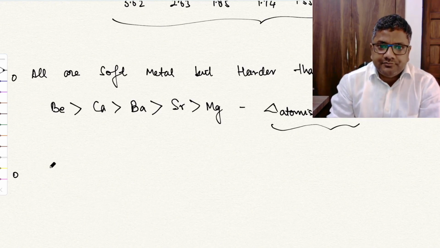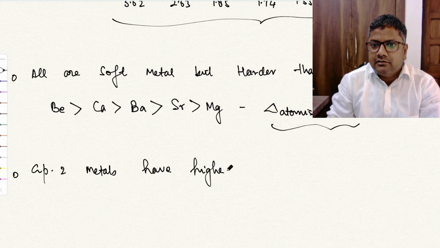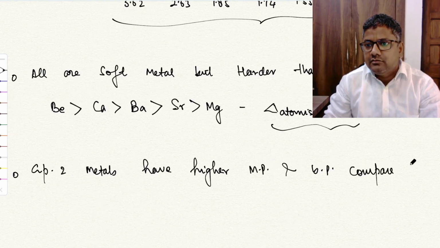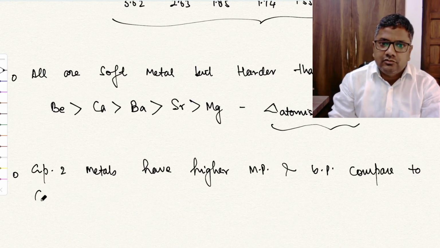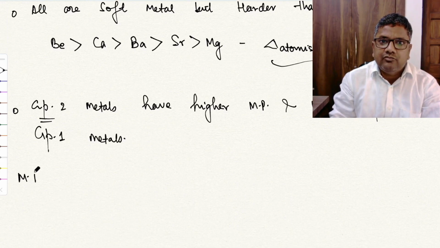So group 2 metals have higher melting point and boiling point compared to group 1 metals.